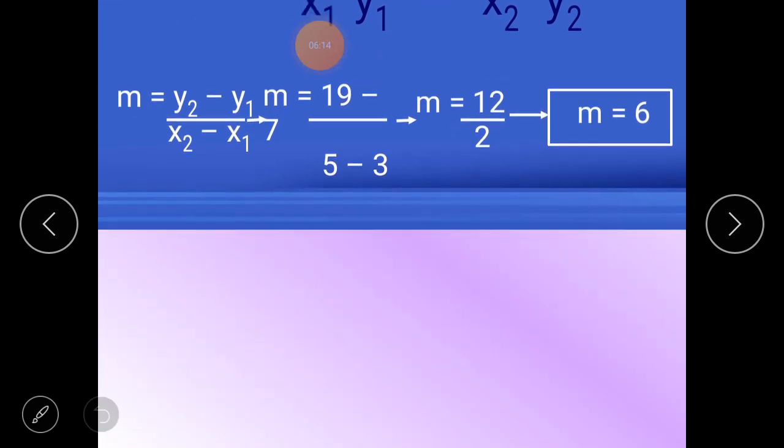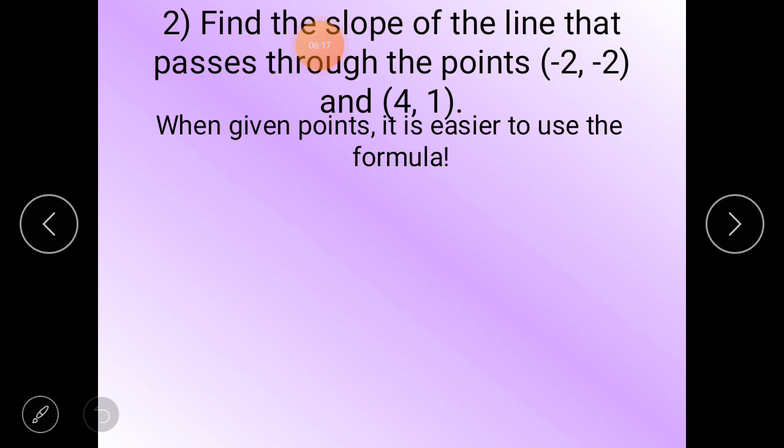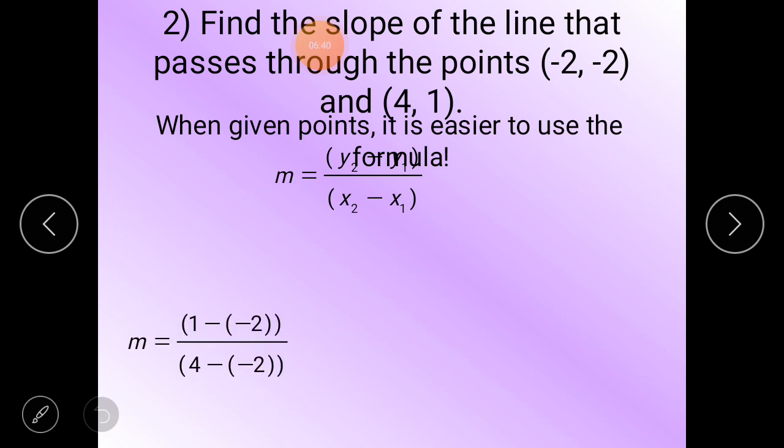Number 2, find the slope of the line that passes through the points 2, -2 and 4, 1. When given points, it is easier to use the formula, right? So just write the formula: y sub 2 minus y sub 1 over x sub 2 minus x sub 1.